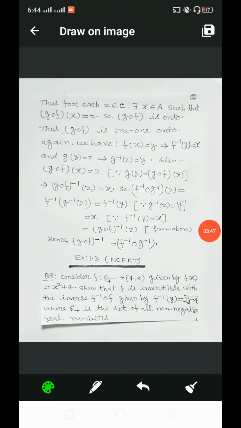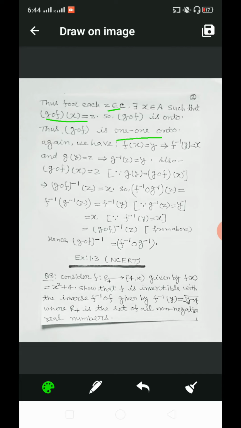Thus, for each z belonging to the set C, there exists x belonging to A such that g of f of x is equal to z. So, we can say that g of f is onto. Thus, g of f is one-one onto.